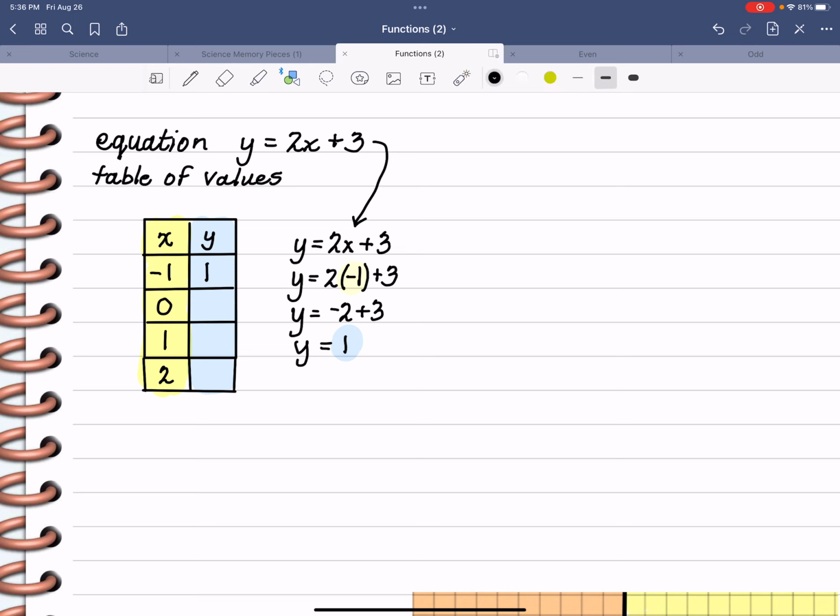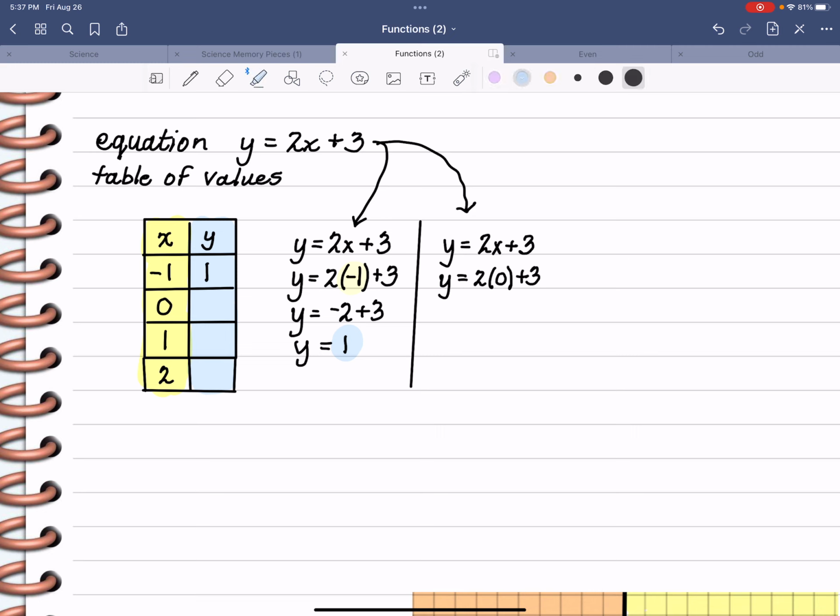Okay, let's go to the next part, where we are going to use the same formula yet again. y equals 2x plus 3. Y equals 2 times 0 this time.